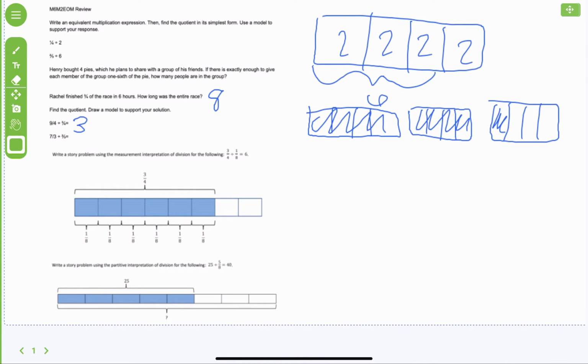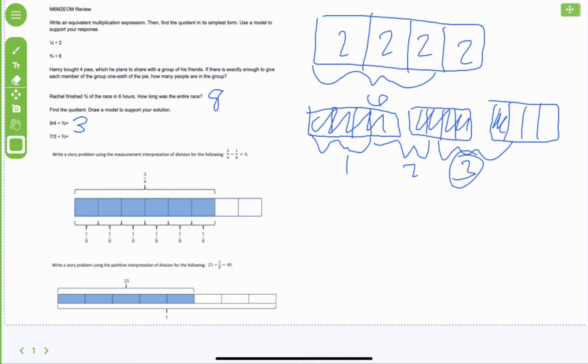Well, how many 3/4 are there? There's 1, there's 2, there's 3. There's your 3 groups of 3/4. Okay?